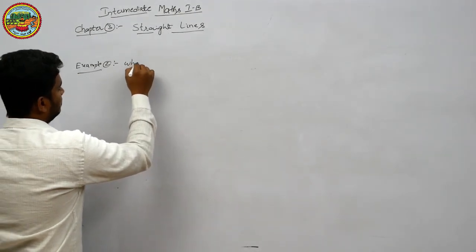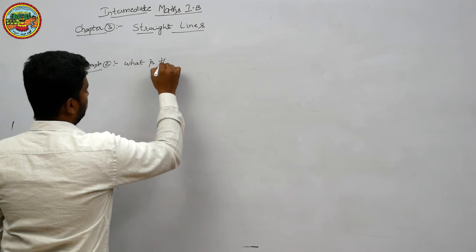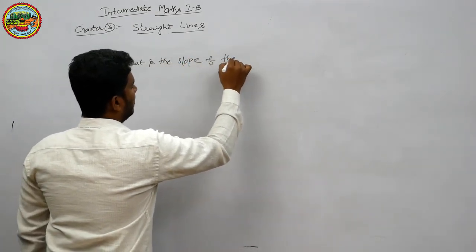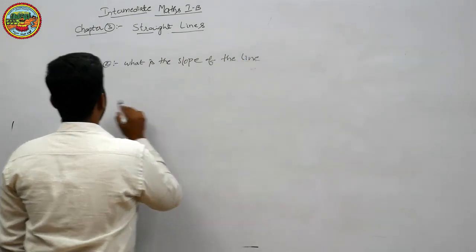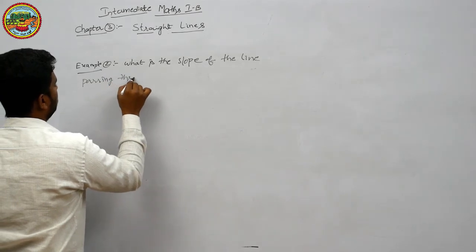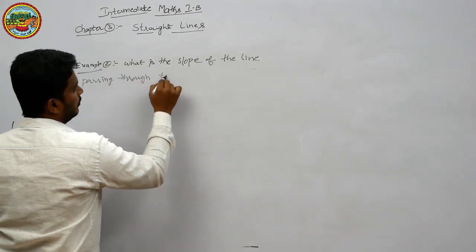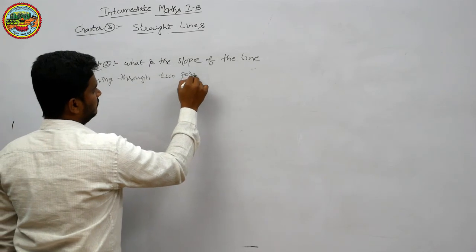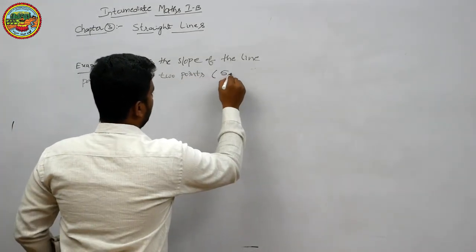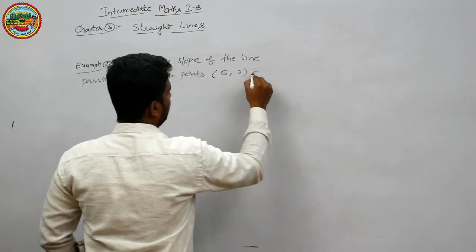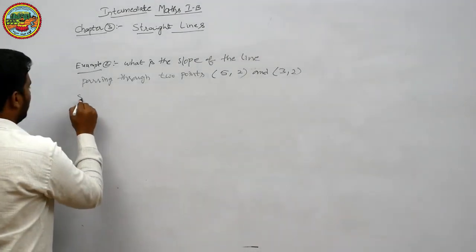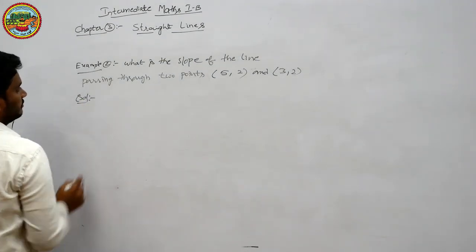What is the slope of the line passing through 2 points (5, 2) and (3, 2)? Okay, solution.